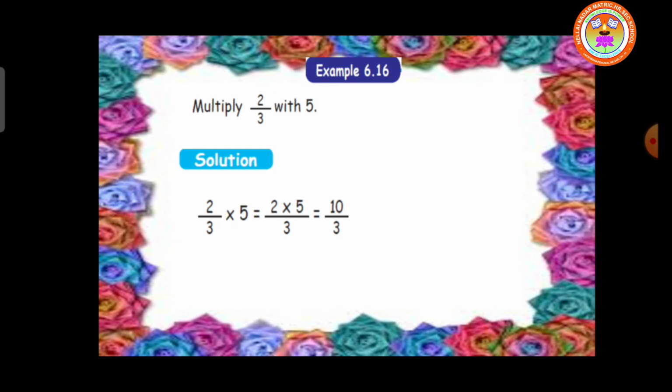Multiply 2 by 3 with 5. So we have to multiply the numerator only with the number and write the denominator as same. So 2 by 3 into 5 is equal to 2 into 5 by 3. So 2 5s are 10. Answer is 10 by 3. Just multiply the numerator with the number and write the denominator as it is. Is it clear?